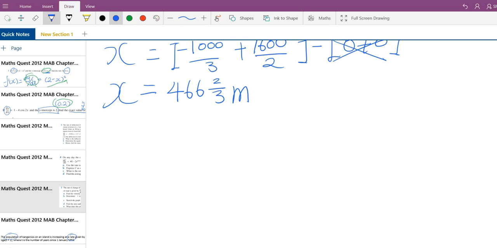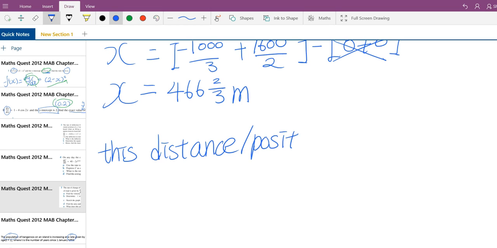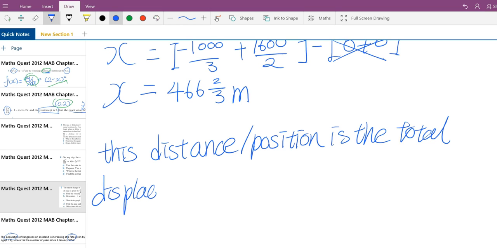So this distance or position, that's what the question addresses. This distance slash position is the total distance. Why am I writing displacement? It's the same thing.